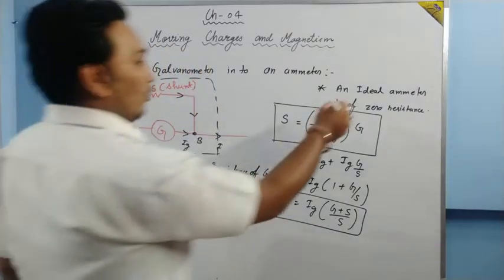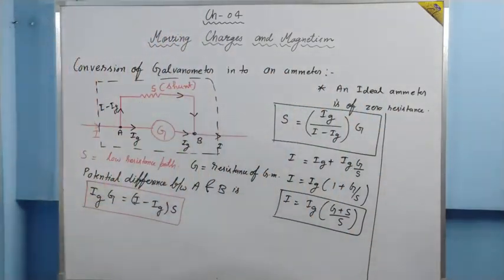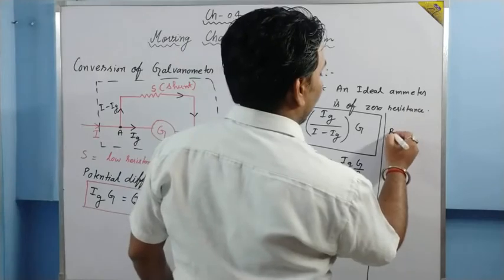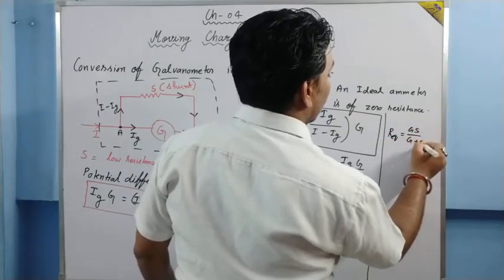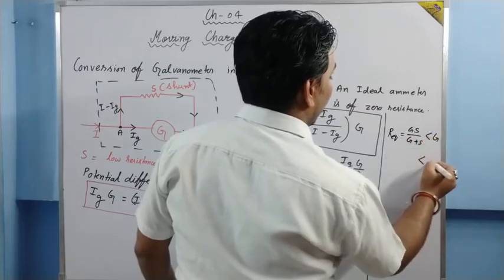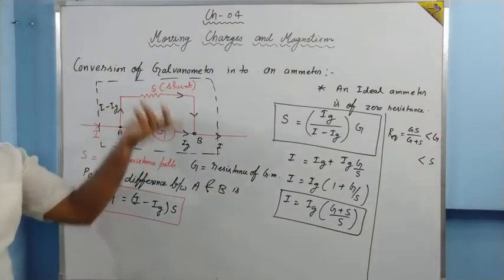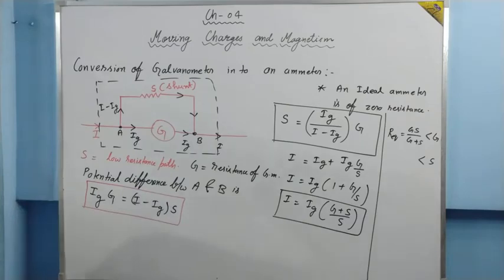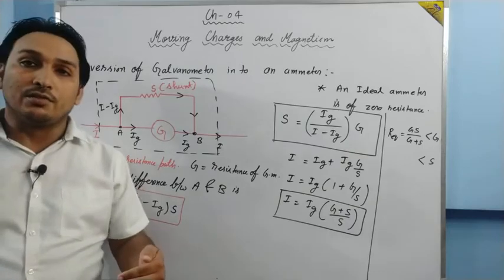Moreover, an ideal ammeter should have zero resistance. Since the galvanometer and the shunt are in parallel combination, when we calculate the equivalent resistance, it will be GS upon G plus S, which will be less than G and less than S. The combination will have lower resistance than the individual resistances, because they are in parallel, which is a very well-known thing: the resultant resistance is less than the individual resistances.